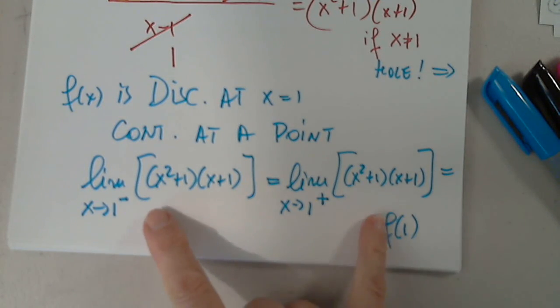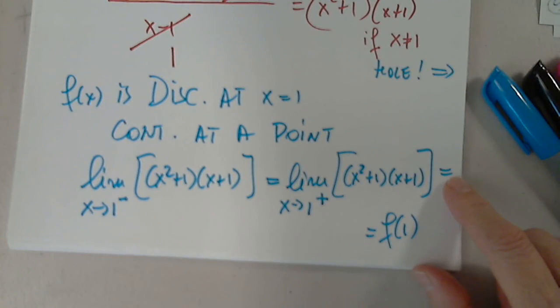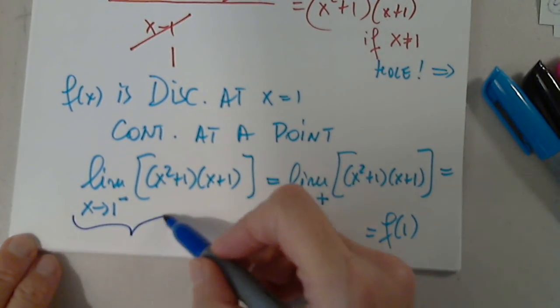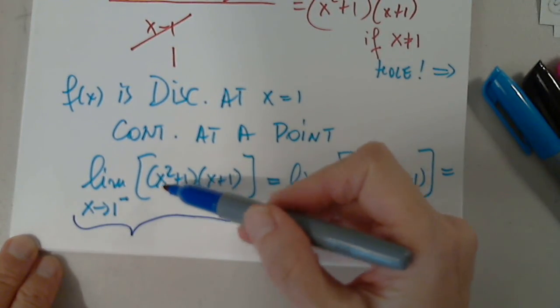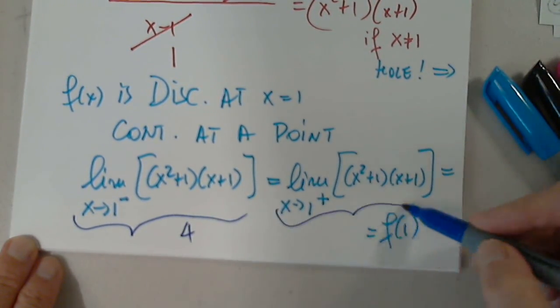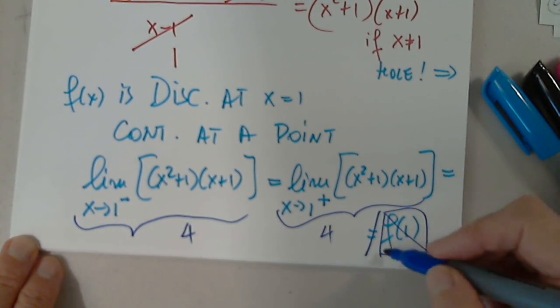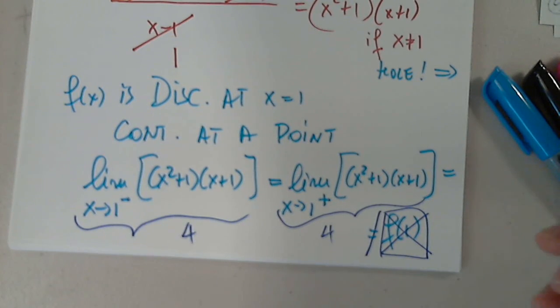We know that these two are equal, but I'm going to have to cross this equal symbol out, because it's not correct. It's false. So this piece: 1 squared plus 1, 1 plus 1, 2 times 2 is 4. Obviously this is also 4, but this does not equal f of 1, because f of 1 does not exist.